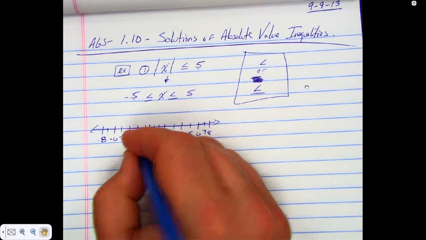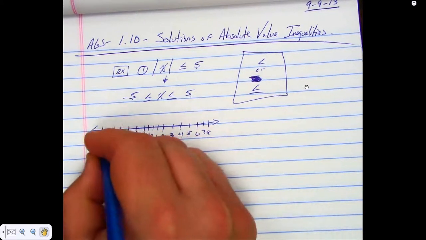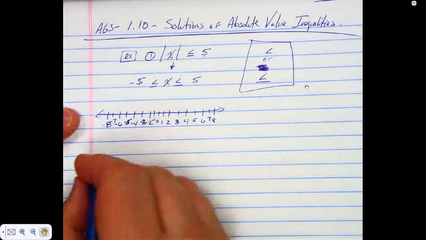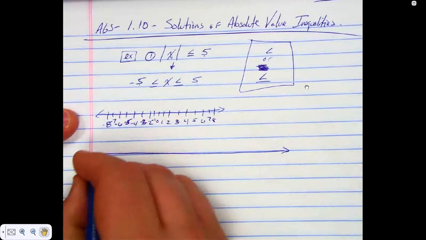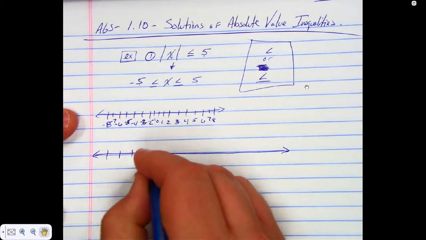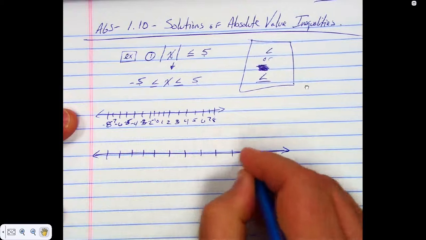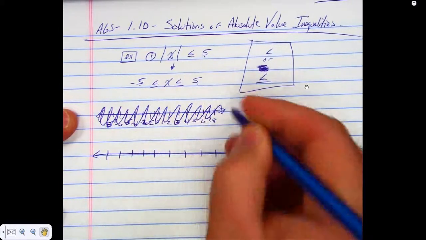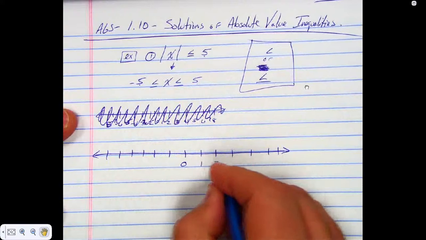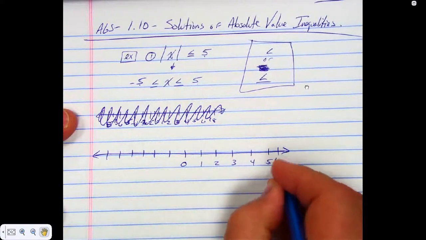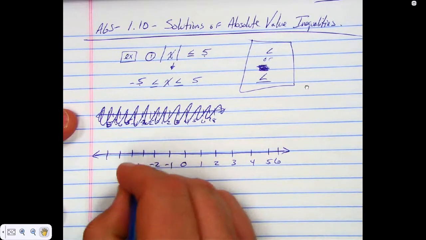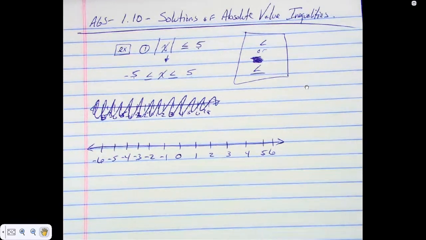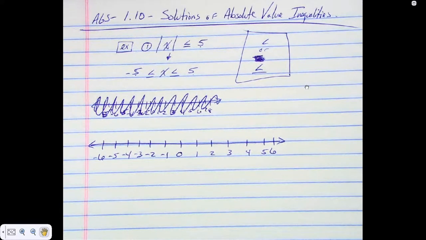I'm doing a terrible job of that. How about I just redraw this whole thing, since I messed that up so nicely. Make that 0, 1, 2, 3, 4, 5, 6, -1, -2, -3, -4, -5, -6. I did good there. Okay, let's graph this.